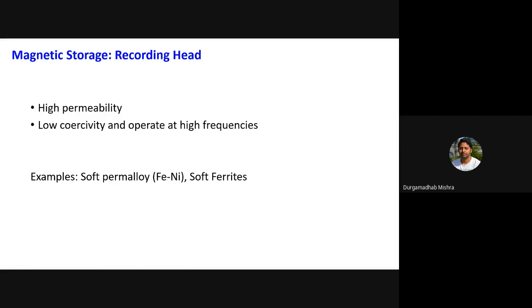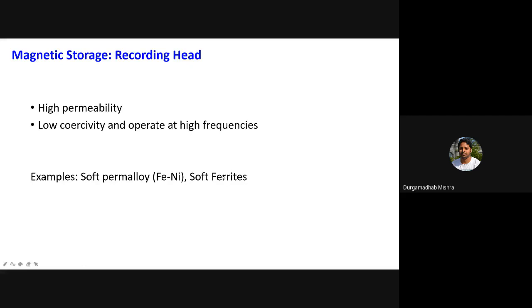And therefore, what is used is soft magnetic materials. Soft magnetic materials here are materials which have low coercivity. Their permeability is high and they have low coercivity. Those materials are normally preferred for your recording head. The materials are basically soft permalloy, an iron nickel alloy with a specific composition.